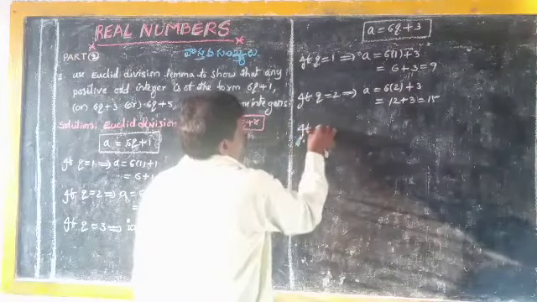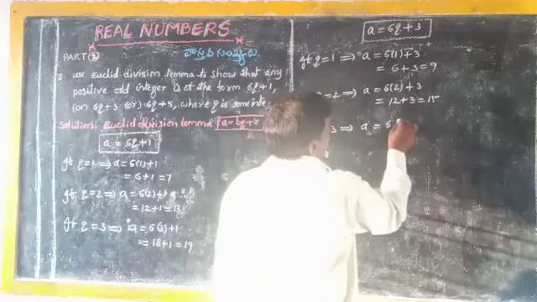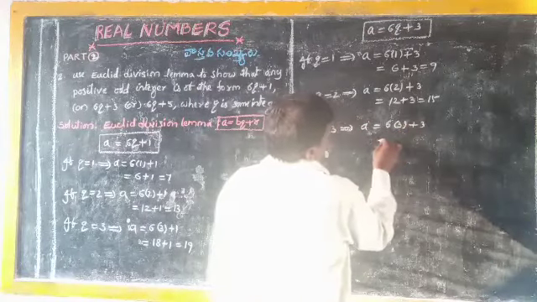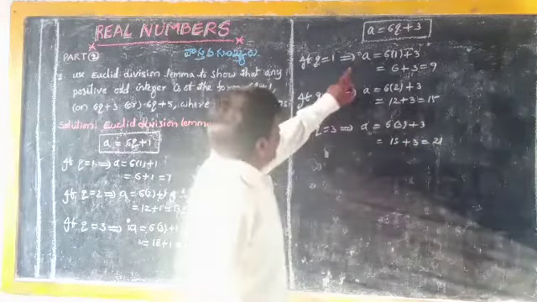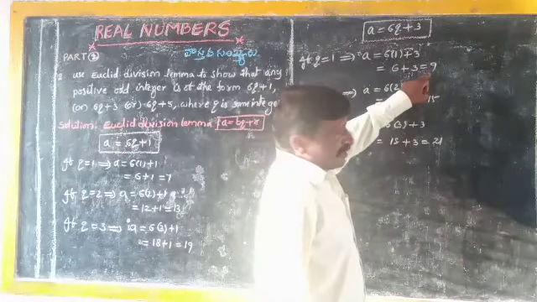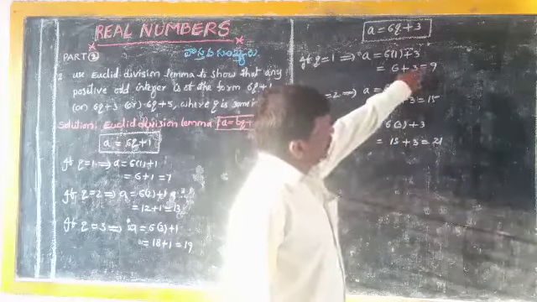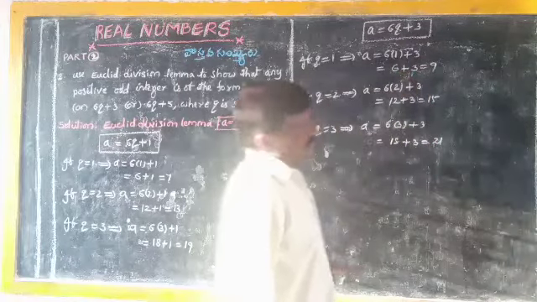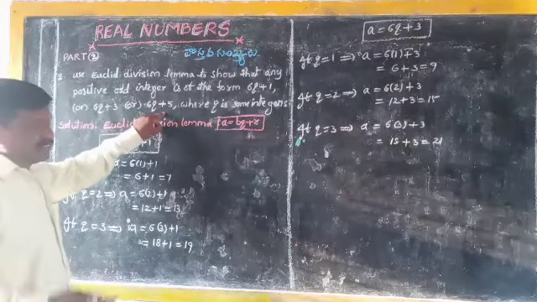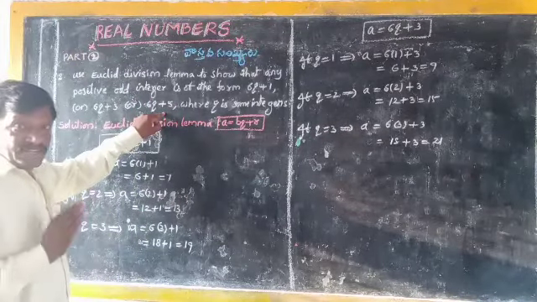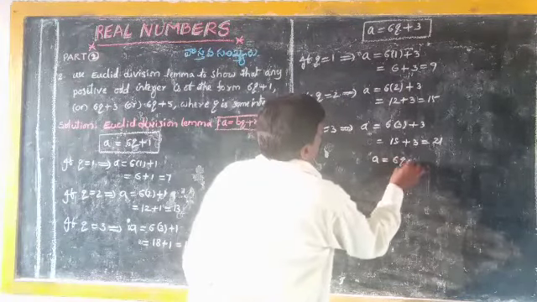If q is equal to 3, a is equal to 6 into 3 plus 3, 18 plus 3 is equal to 21. So 6q plus 3 gives 9, 15, 21. These are odd integers.